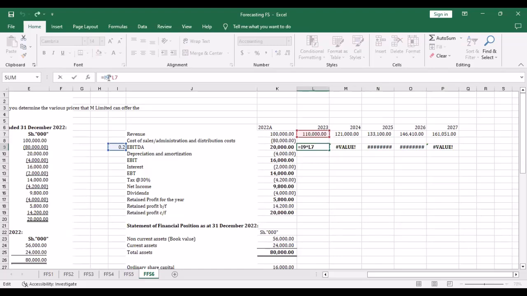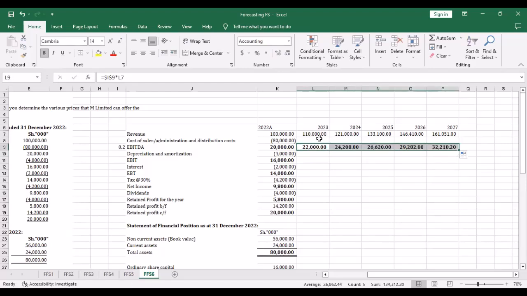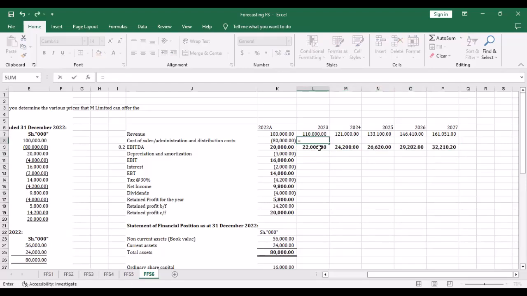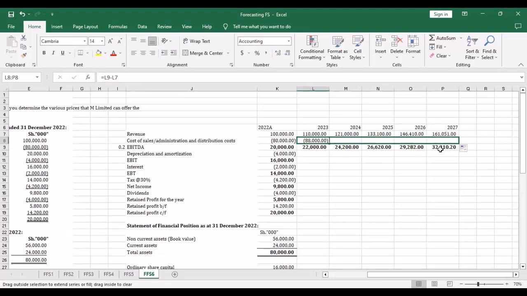You must lock it also before you drag. So then I'll repeat dragging. And the difference here is the cost of sales. You can see that also it grew by 10%.